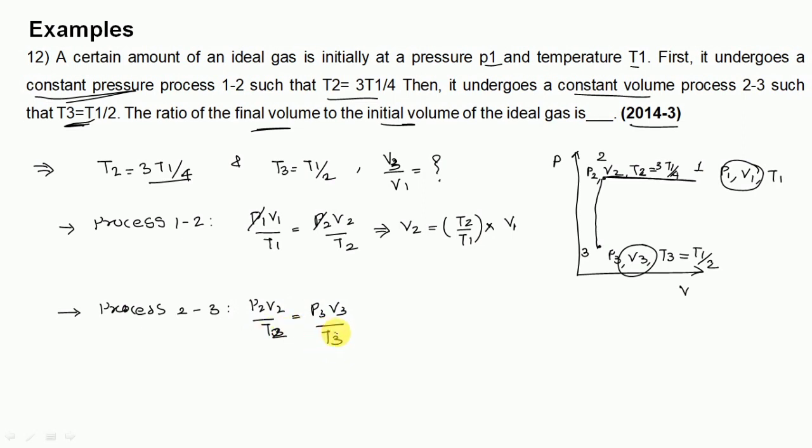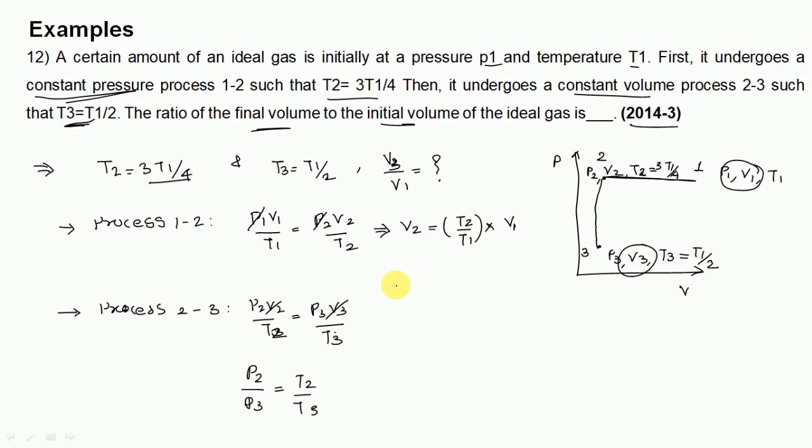But here it is a constant volume process, so V2 and V3 cancel out. So from this process you can also write P2 by T2 is equal to P3 by T3. From the given relation, we would have to find the value of P2, put it over here, and then combine this.